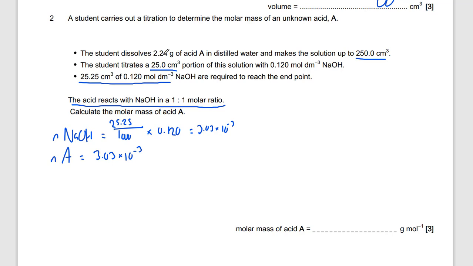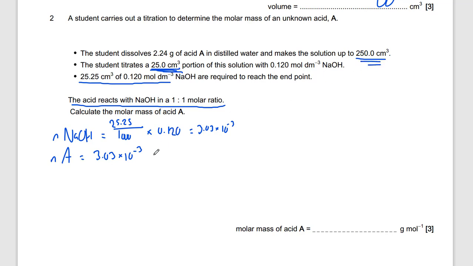Just be careful, because I've deliberately omitted one little step just to highlight how easy it is to skip to the end. Remember I said that the number of moles here, 3.03 times 10 to the minus 3, is the amount in 25 centimeters cubed. Well, the actual amount was 250.